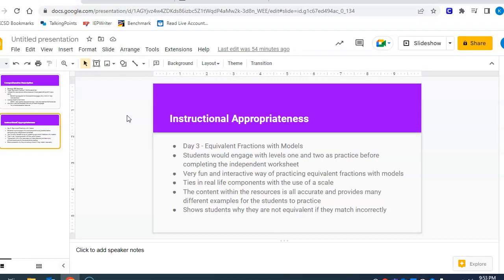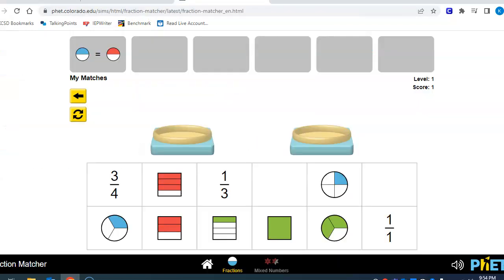Instructional appropriateness. I would utilize this resource on day 3 of my unit. This day focuses on teaching students how to find equivalent fractions using models. And if we go to the game, this is just one example of one of the levels that the game has for students to work with.